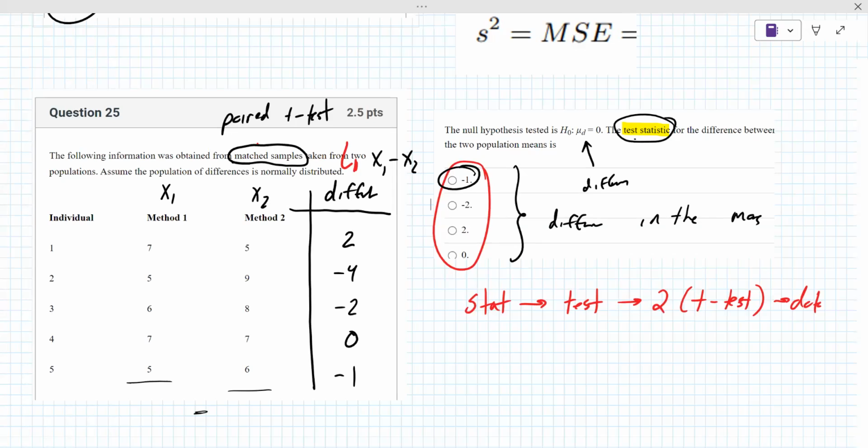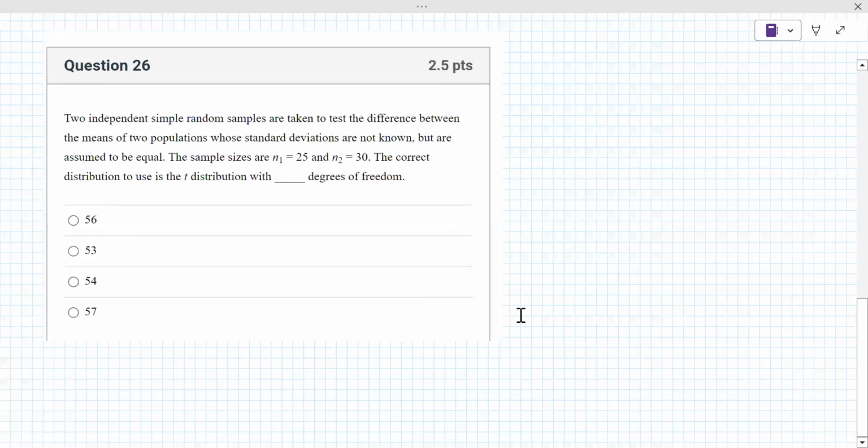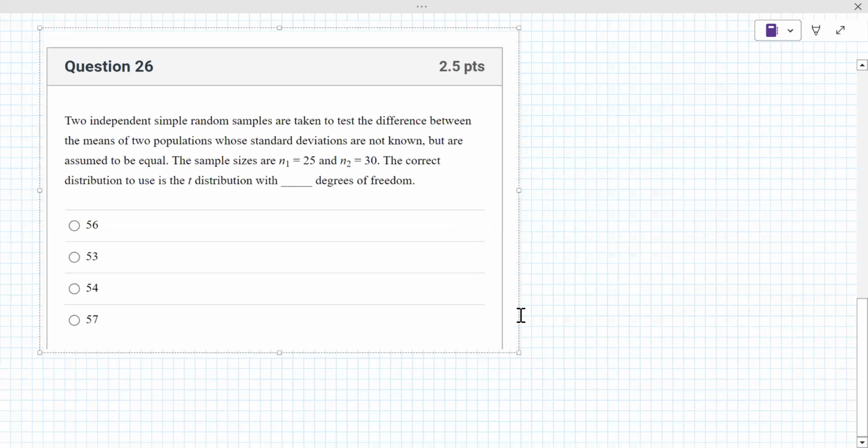Okay, let's keep going here. 26. Two independent random samples are taken to test the difference between two means of two populations whose standard deviations are not known but are assumed to be equal. The sample sizes are N1 and N2.